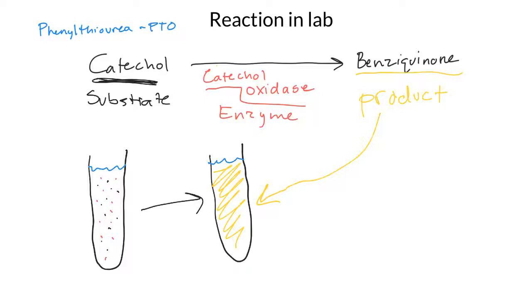All right, but in our second experiment, we put in the same things, catechol, our enzyme, and then we added phenylthiourea, or PTO.